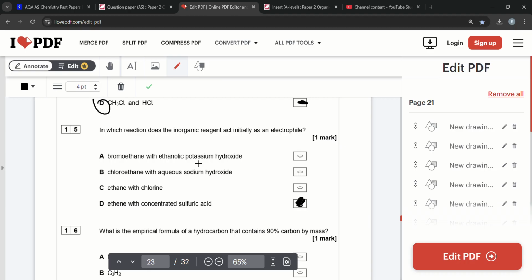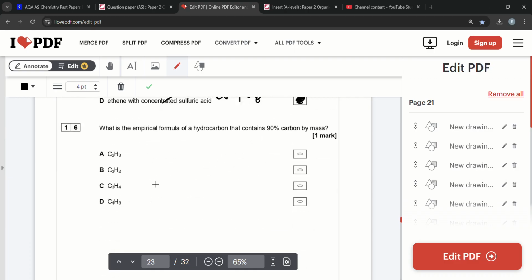Initially acts as electrophile. This elimination acts as a base. This acts as a nucleophile. Therefore, with alkene, it acts as the electrophile. And C, I think it just acts as a catalyst, but I don't know. It's definitely not electrophile.